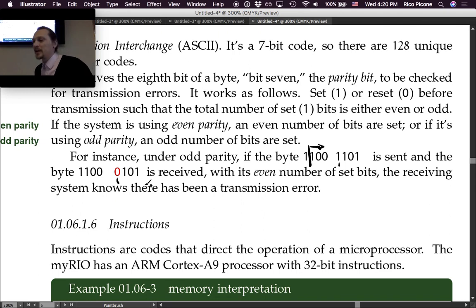It becomes part of a communication protocol. So you can have communication protocols that are always odd parity for everything in them. You can have communication protocols that say that the first byte that you send should set the parity for the remaining.